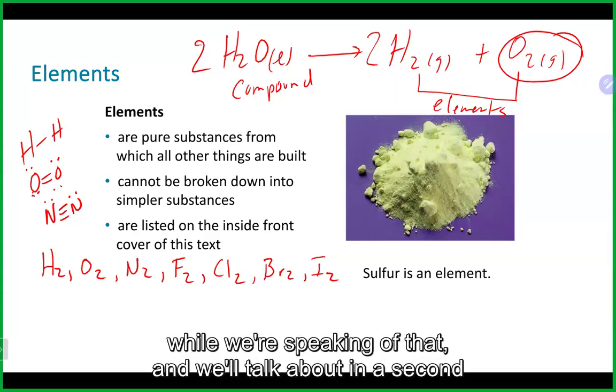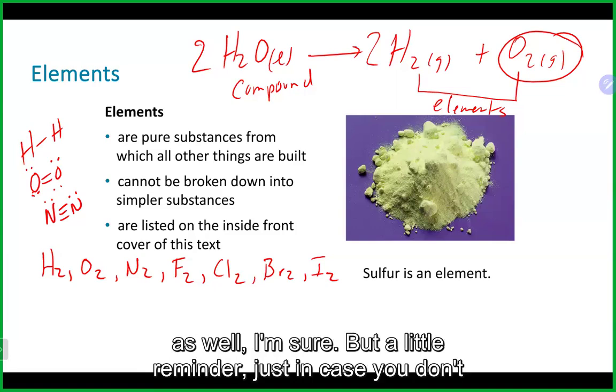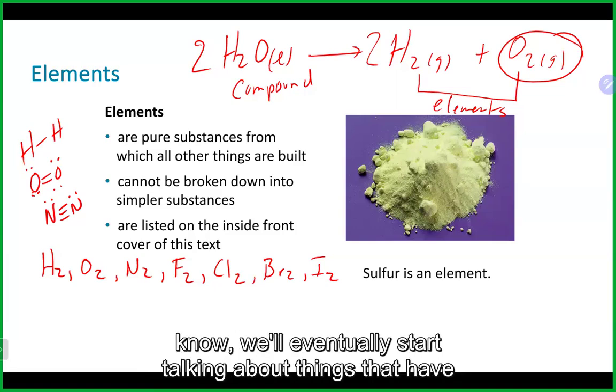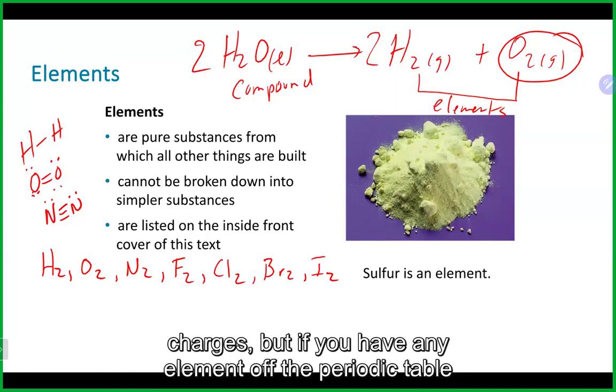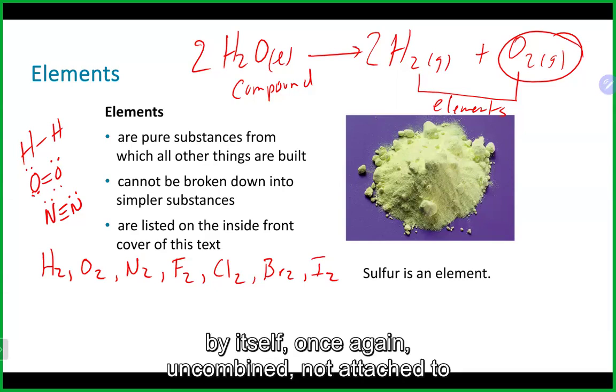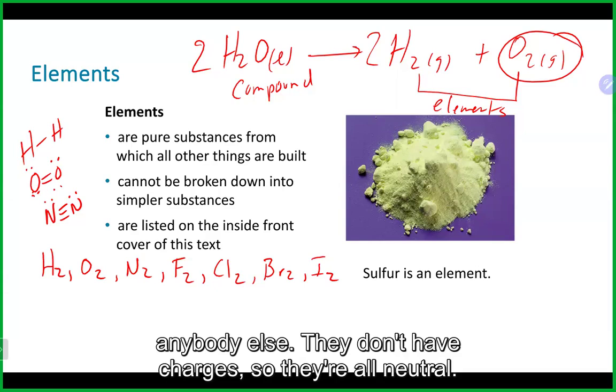While we're speaking of that, a little reminder, just in case you don't know, we'll eventually start talking about things that have charges. But if you have any element off the periodic table by itself, once again, uncombined, not attached to anybody else, they don't have charges. So they're all neutral.